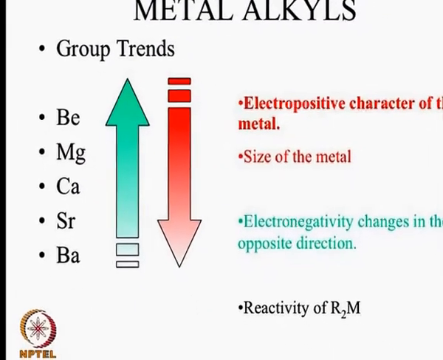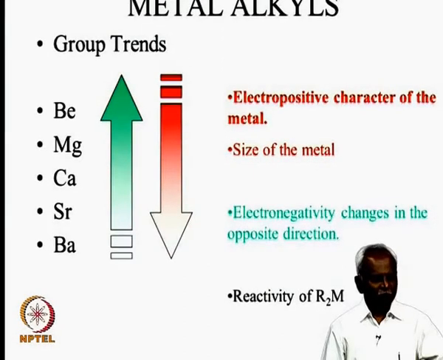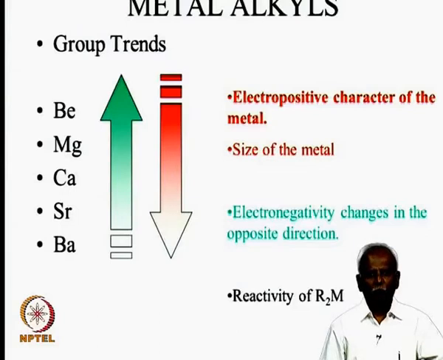Let me now proceed to some of the properties of the alkyl metal bond, and we will discuss the main group chemistry a little bit before we proceed to the transition metal chemistry. In general, what we found was that as you go down the group, at least in main group chemistry, the bond strength decreases.